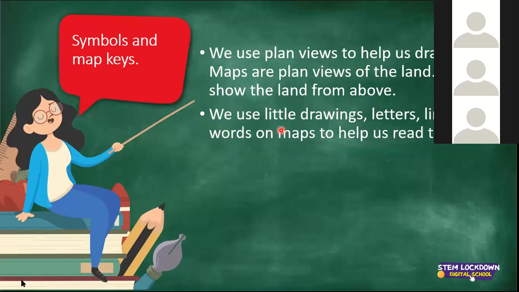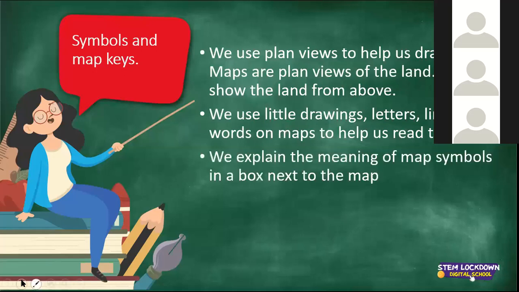We explain the meaning of map symbols in a box next to the map. So when we explain the map symbols, we explain them in a little box near the map, at the bottom. Most of the time it is at the bottom of the map.